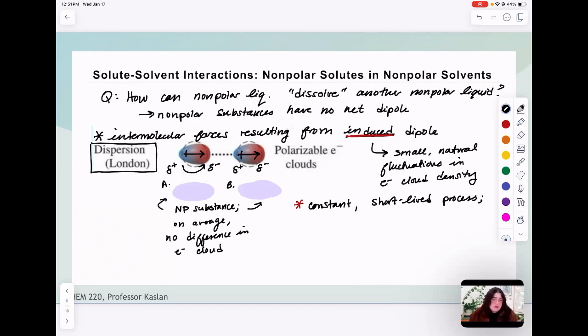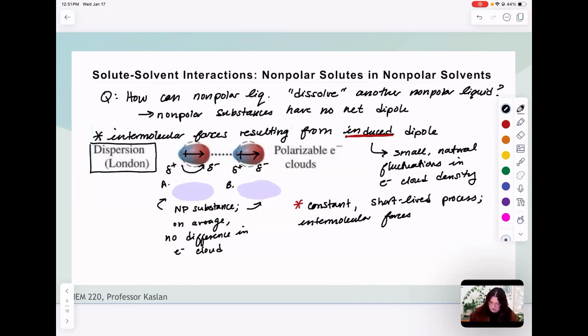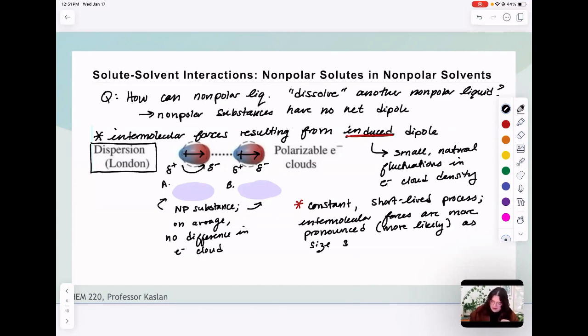And as you could imagine, these intermolecular forces, meaning these dispersion forces, these induced dipole moments, are more pronounced, meaning they're more statistically likely to happen, as the size and overall surface area of the molecule increases.